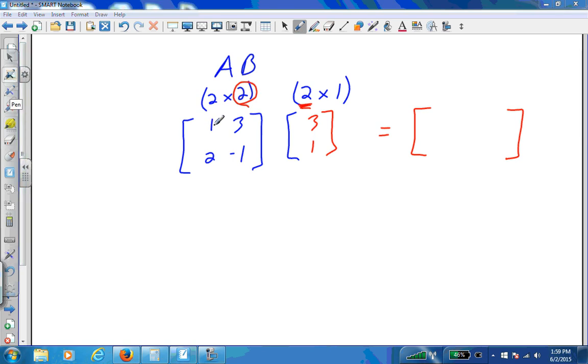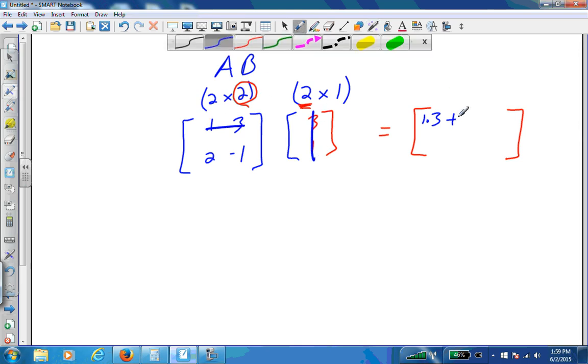If I'm doing this row times this column, I do 1 times 3 plus 3 times 1. So again, I did 1 times 3, then 3 times 1, and I add those together.